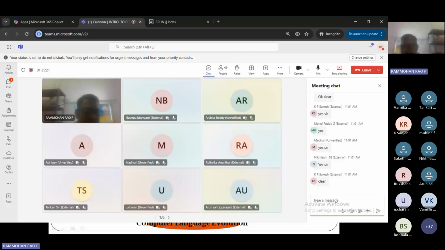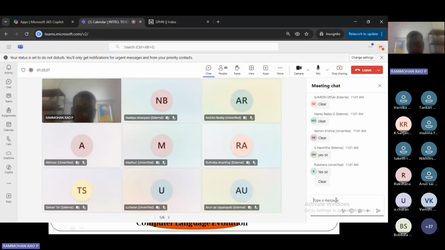So let me just summarize what we have discussed. The most important point we discussed today is the block diagram of a computer. We understood two important things: there is only one guy in the computer who will work for you. His name is CPU or processor. CPU interacts only with main memory because of that speed issue. CPU will not interact with any other IO devices directly.